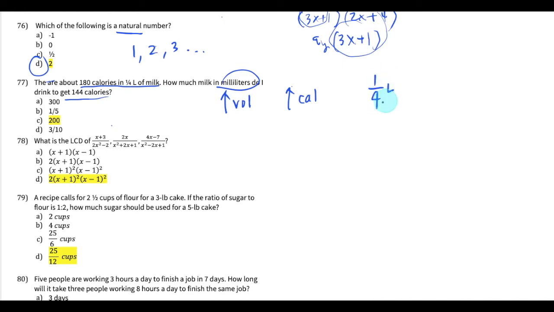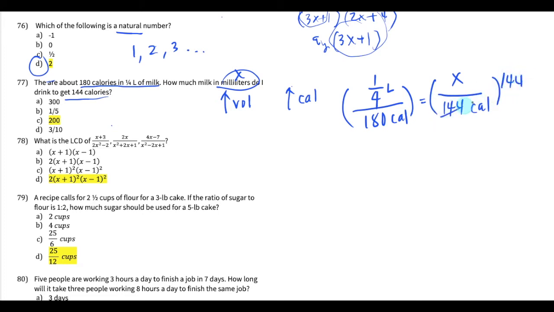1/4 liters of milk over 180 calories is equal to X, kasi hindi natin alam, yan yung hinahanap, over 144 calories. Okay? So, hindi ko muna ito i-convert. Let's solve for X first, then saka ko i-convert. 144, cancel, cancel.